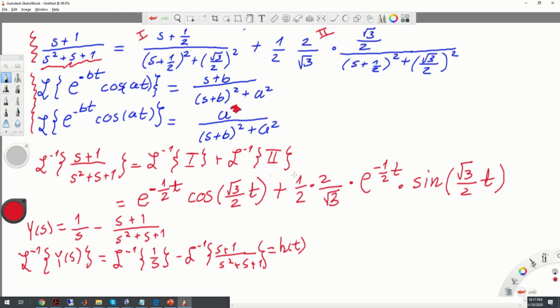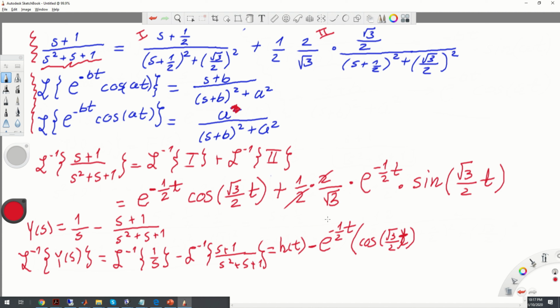The second term, we can write as minus, taking out e to the minus 1/2 time, what do we have in the brackets? We have cosine of square root of 3 over 2 multiplying time. Don't forget the time.